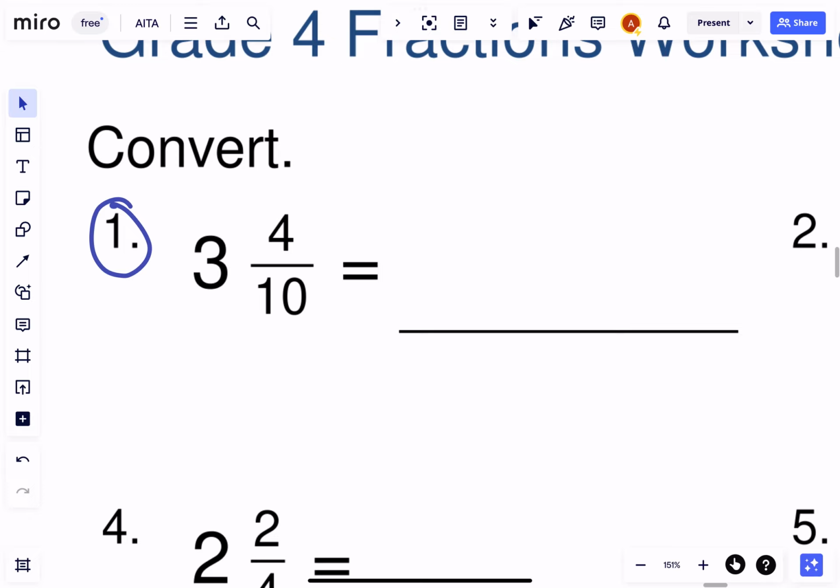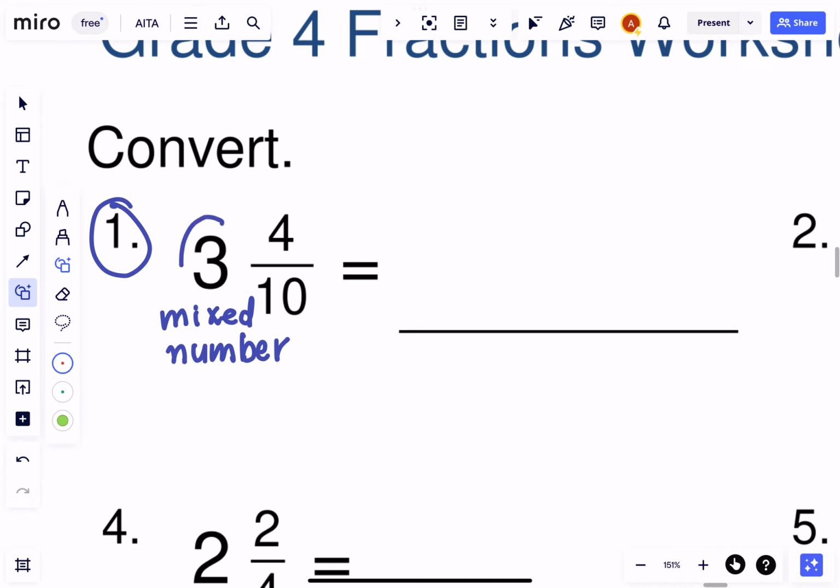And the answer is that this is a mixed number. And why is it a mixed number? Because it has one part which is a whole number and another part which is a fraction.